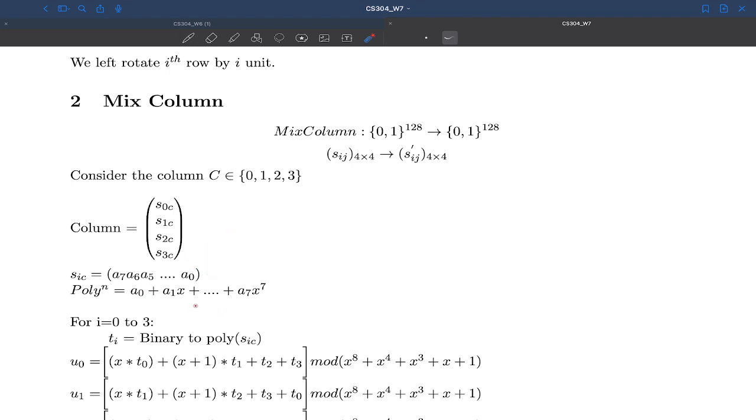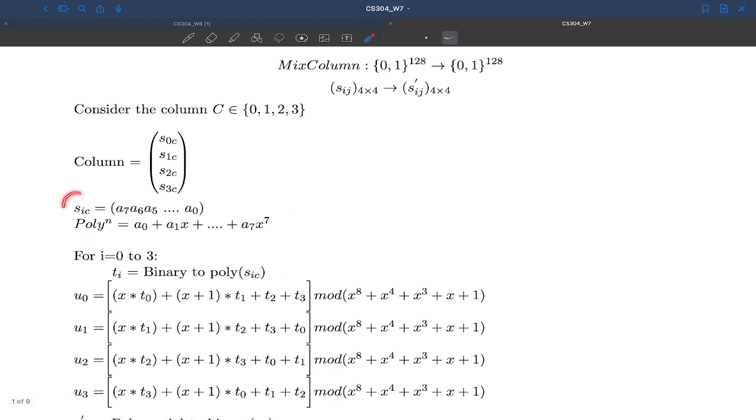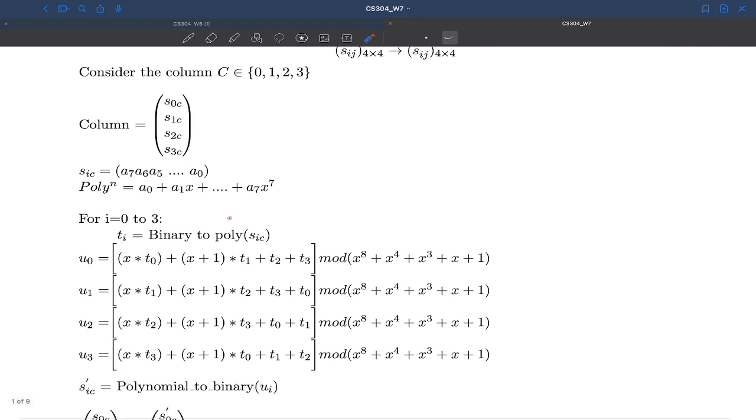If you have studied sub-byte, there also we did this kind of operation where we converted a binary string to a polynomial. So you know how to convert it. S_ic is the ith element of my column c. Now in each column, how many elements do I have? 4, since it is a 4x4 matrix.